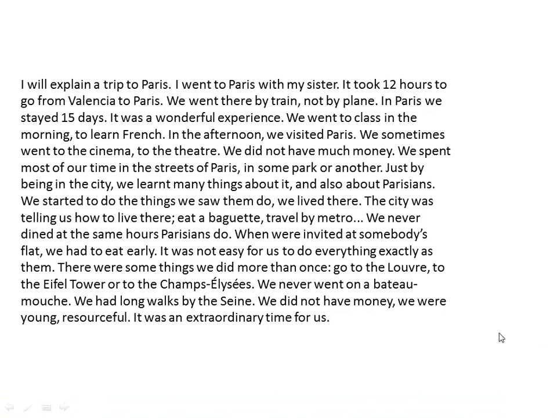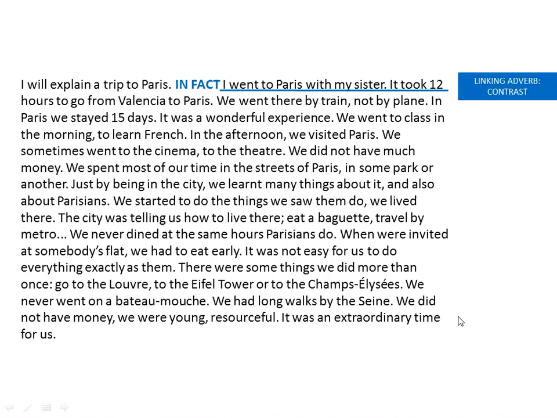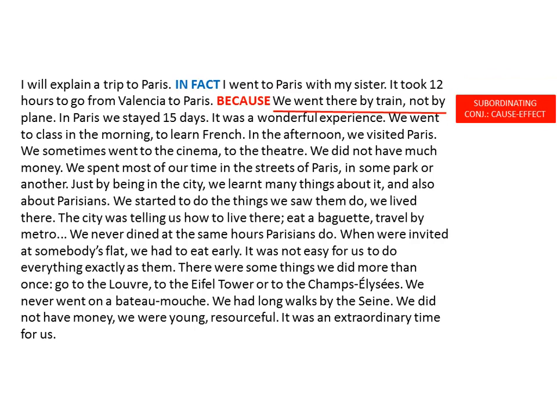Here, we could introduce contrast by means of a linking adverb: in fact, I went to Paris with my sister. Then it says it took 12 hours to go from Valencia to Paris, because here we're introducing a cause-effect subordinating conjunction, which relates this part with the part that comes afterwards.